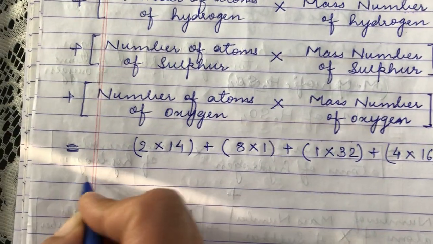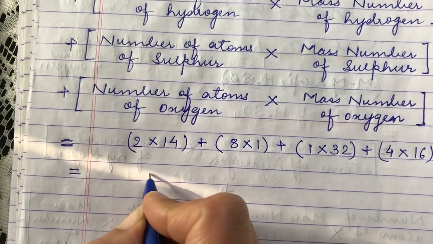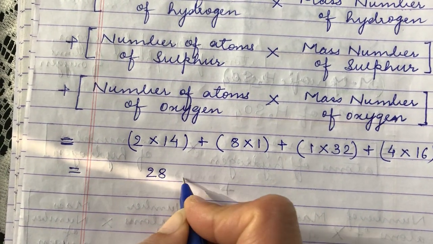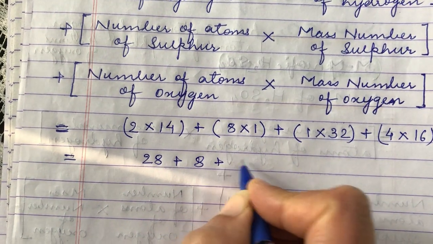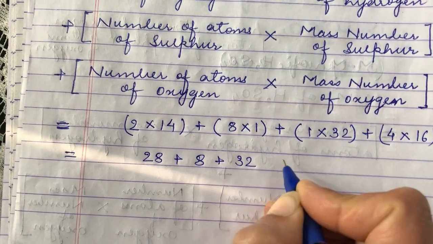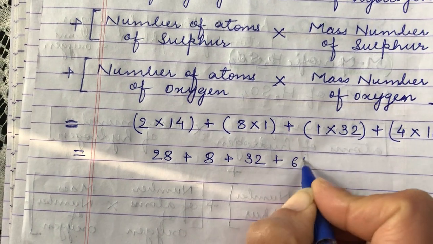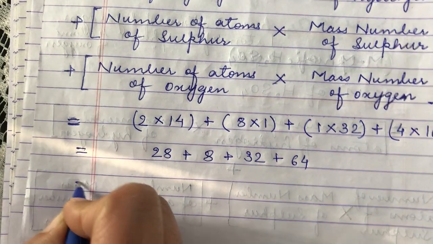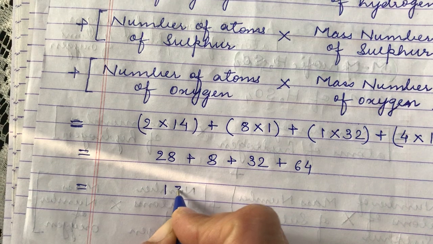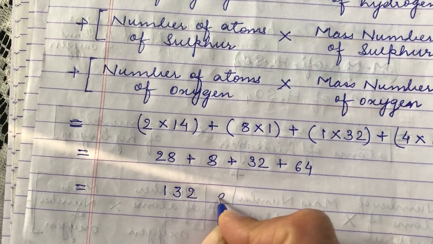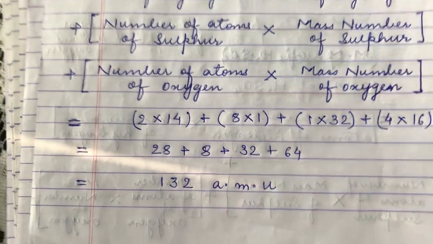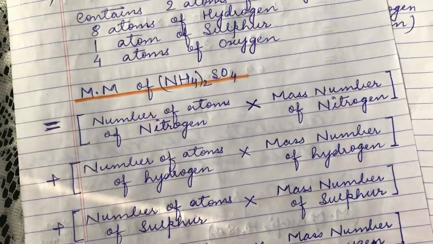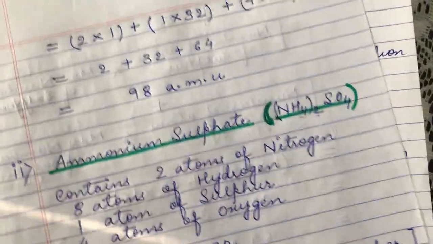So if we do the calculation, it comes out to be 28 plus 8 plus 32 plus 64. And our answer comes out to be 132 AMU, that is atomic mass unit. So this is how we do the calculation for the molecular mass of ammonium sulphate.